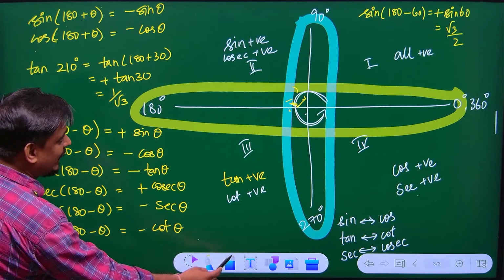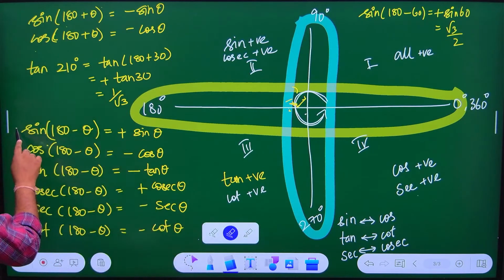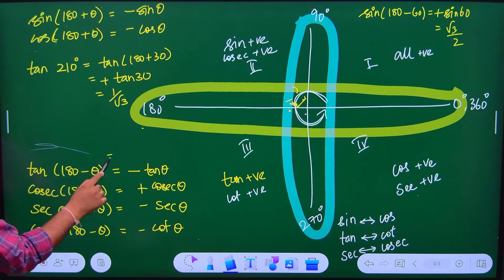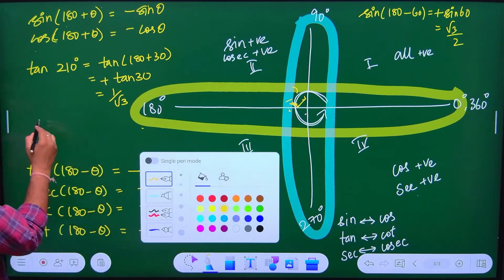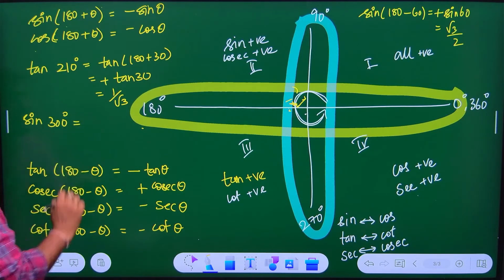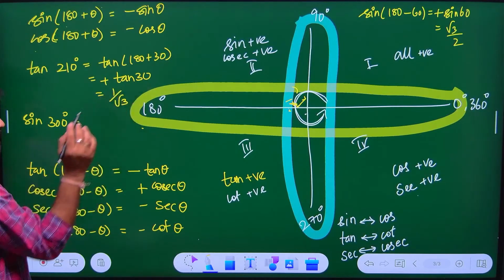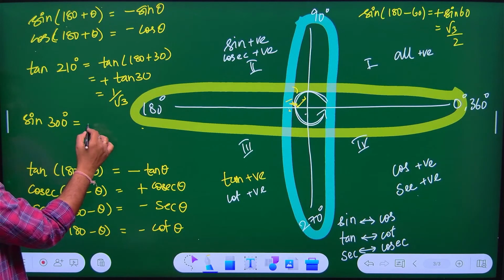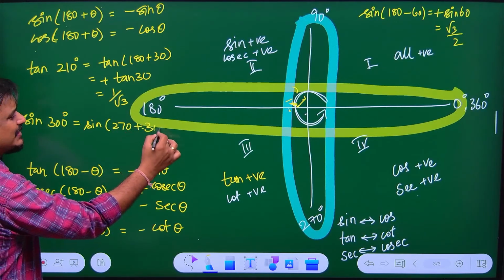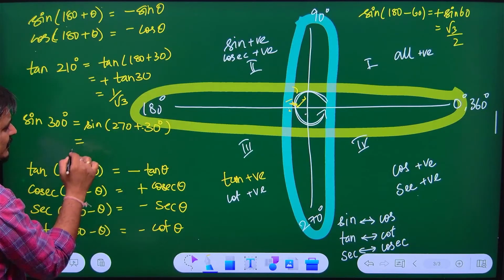Yes, Preetham, will you try? Yes, sir. Tell me, what is sine 300 degree? Sir, it's sine 270 plus 30. Which quadrant? Fourth quadrant, sir.